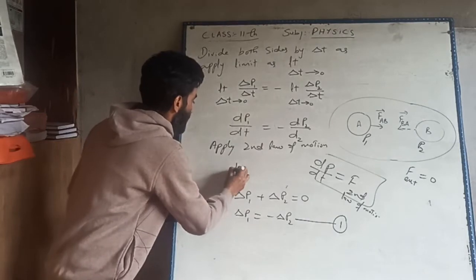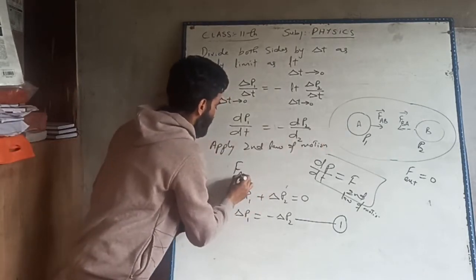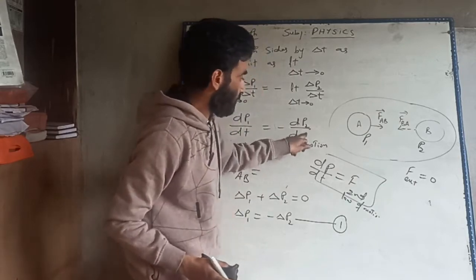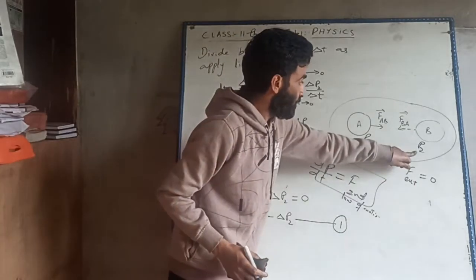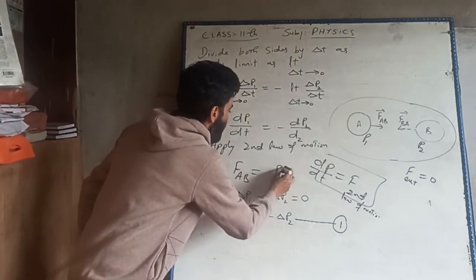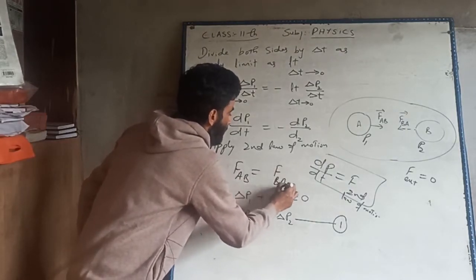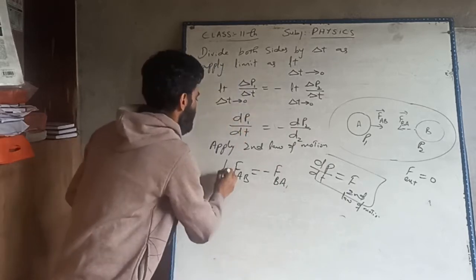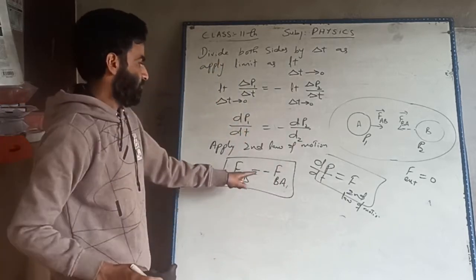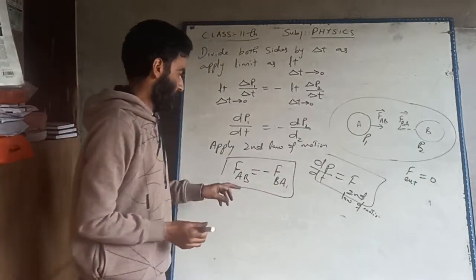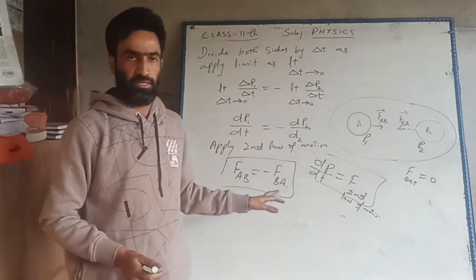That is force F of AB is equal to, since we know that momentum is directly proportional to force, so in this momentum the force is this, so we can write F of BA. Here it is a negative sign, so we got that F of AB is equal to minus F of BA. So this is the derivation of the third law of motion from the second law.